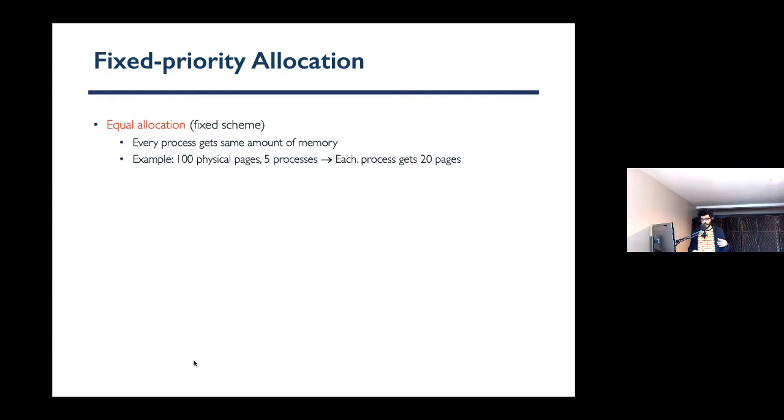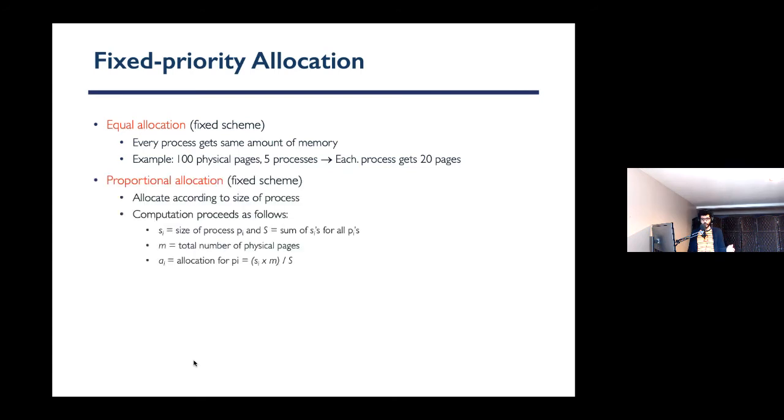Now, there are different ways of allocating memory. You could go with equal allocation. You can just say, I have 5 applications running, and I can equally divide my memory between them. That's one way. You could do proportional allocation. Now, what's the metric for this?